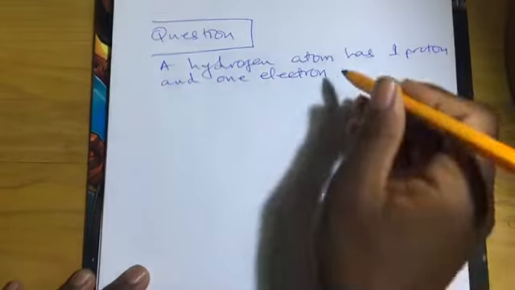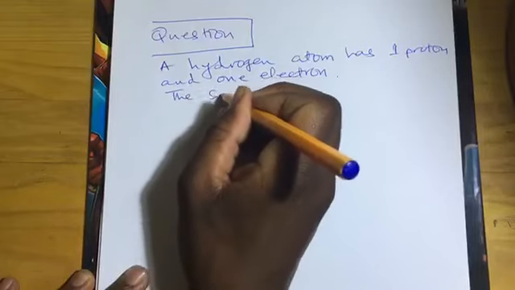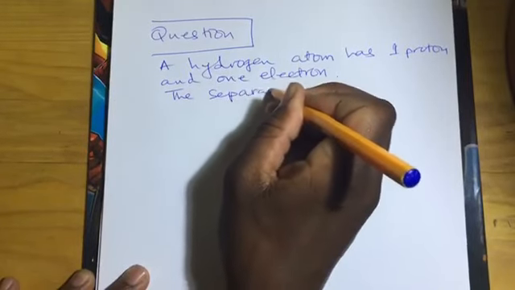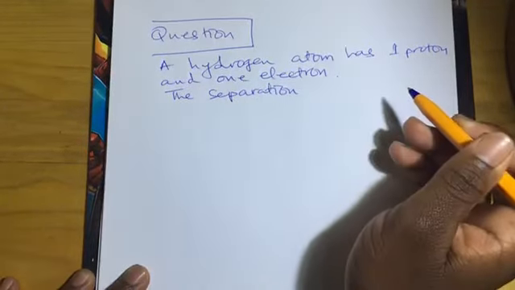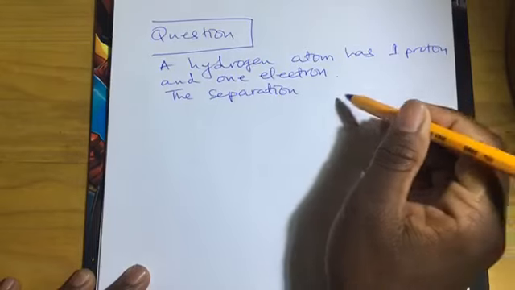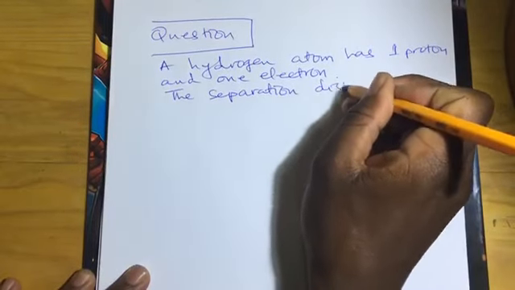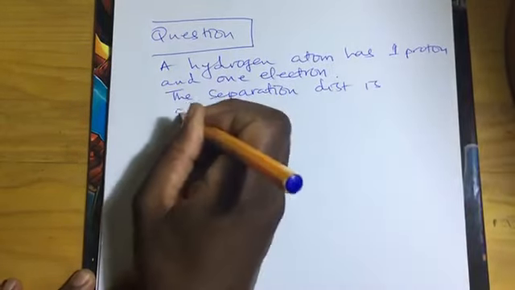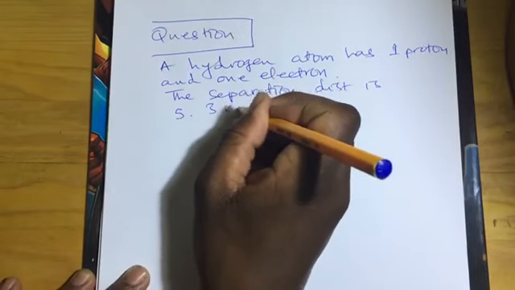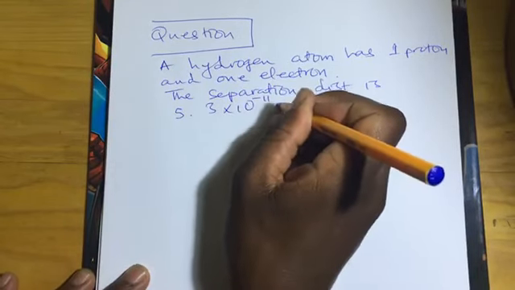Then the separation distance is 5.3 times 10 to the power negative 11 meters.